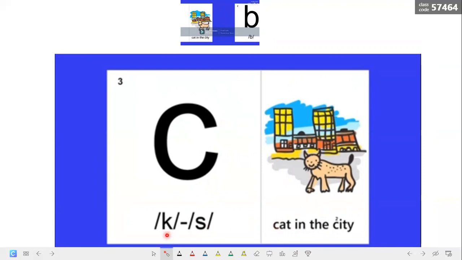Cat, this is the first sound. We have the C here, pronounce it, okay? And there is another C in the word city, which is pronounced S.